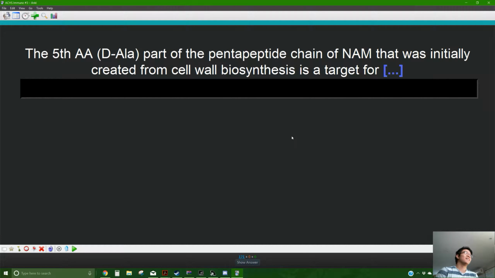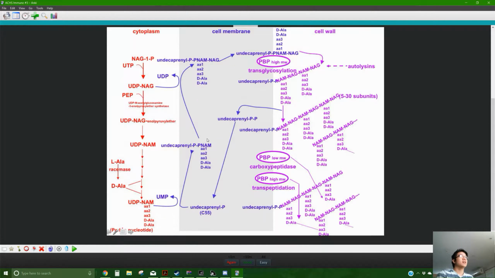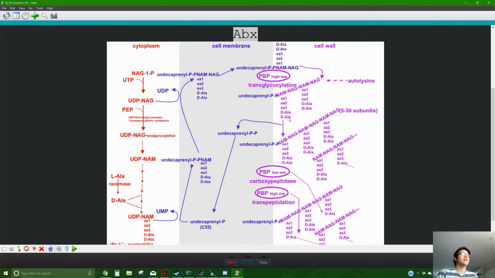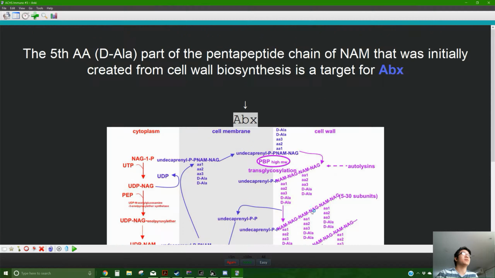I don't know. The fifth amino acid, the ALA, part of the pentapeptide chain. Oh, this is for immunology. Well, this is actually microbiology. NAM is N-acetylmuramic acid or something like that, which was initially created from cell wall biosynthesis, is a target for antibiotics. So this is a very detailed mechanism in which the fifth amino acid right here will be deleted so that antibiotics won't be able to attack it anymore.